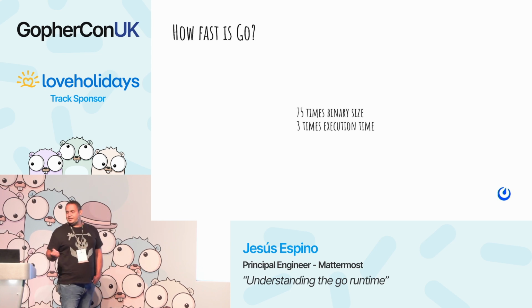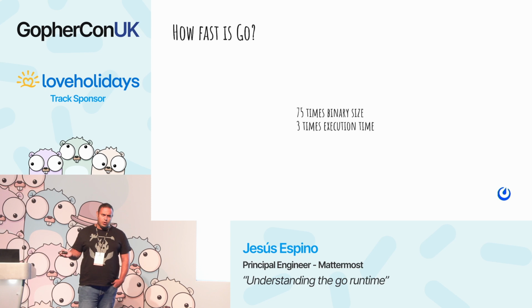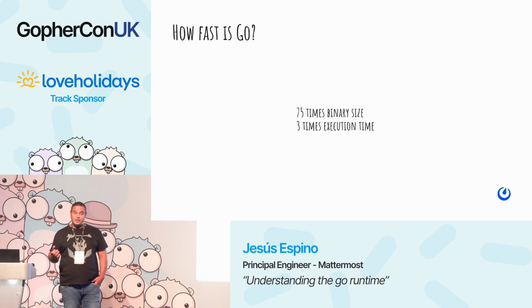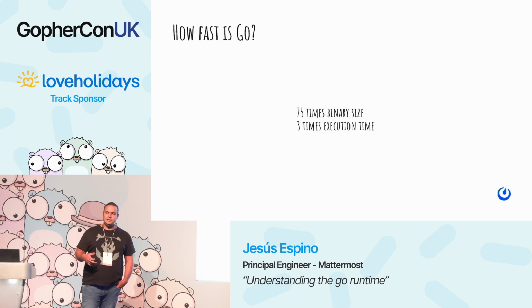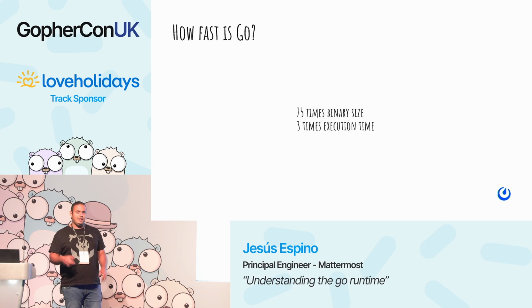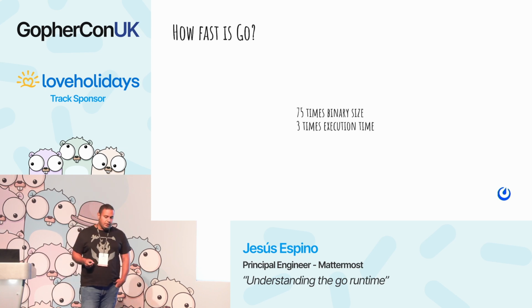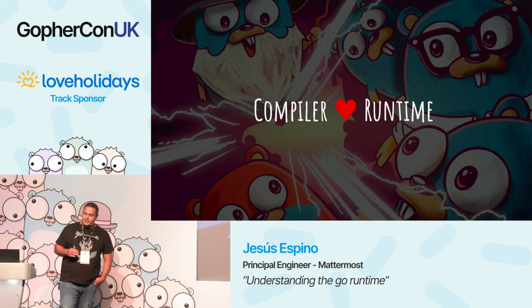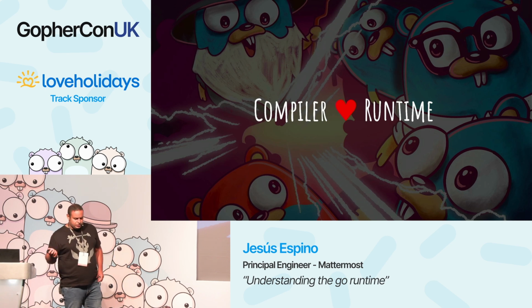The reason is this competition was rigged up front. Of course, it's not fair because we are not comparing the same thing. We are comparing Go, which has a runtime that needs to be initialized and needs to prepare the ground for executing your code, and C doesn't have that runtime. So, well, the compiler and the runtime work together.